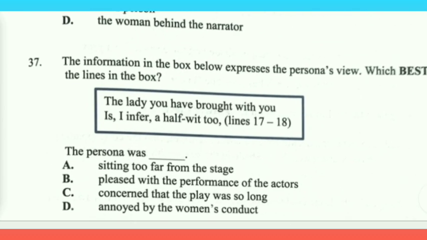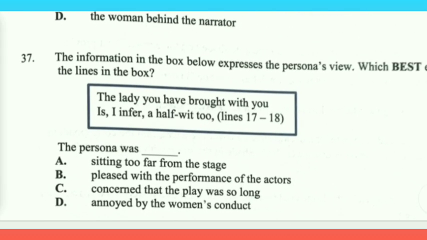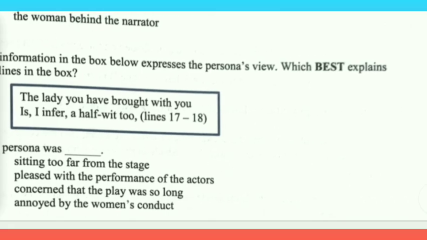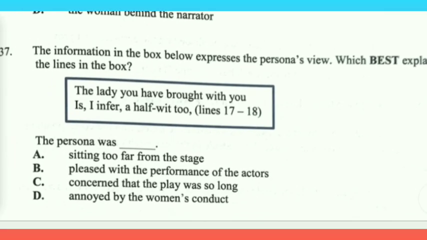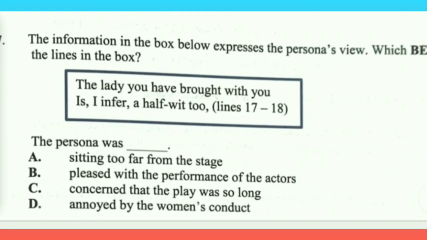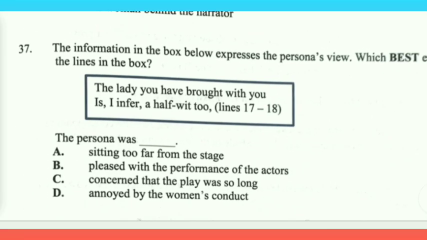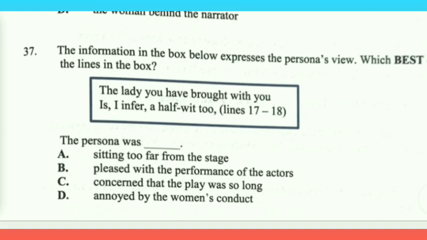37. The information in the box below expresses the persona's view, and by persona we're still again speaking of the poet, all right? Which best explains the lines in the box? Here are the lines. Where am I? The lady you have brought with you is, I infer, a half-wit too. So the persona was who now?